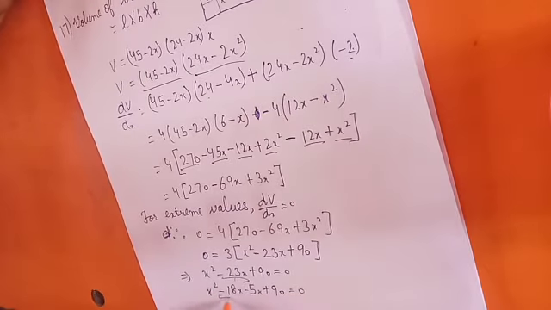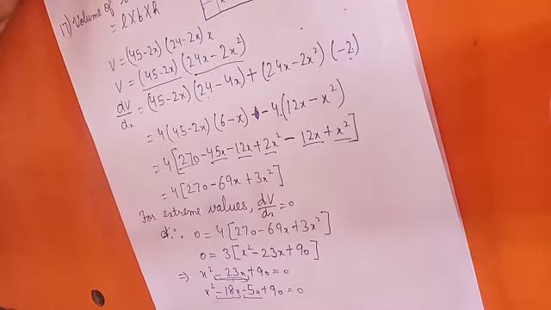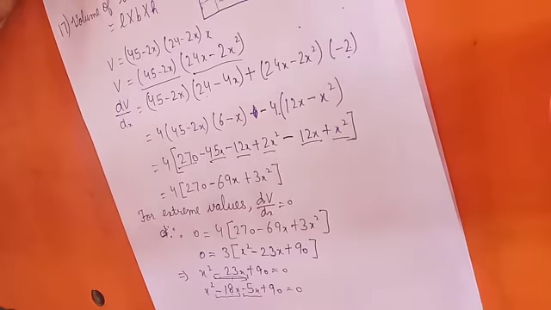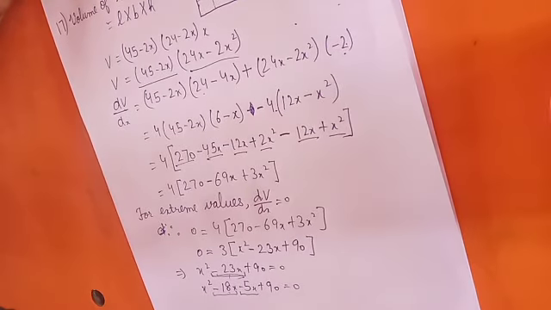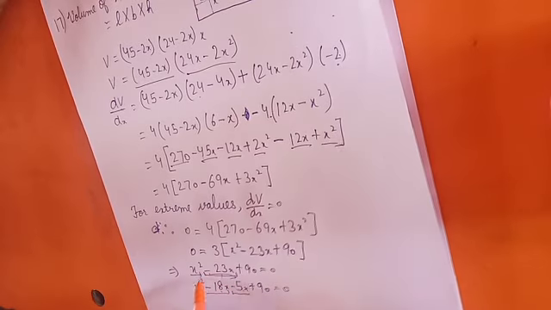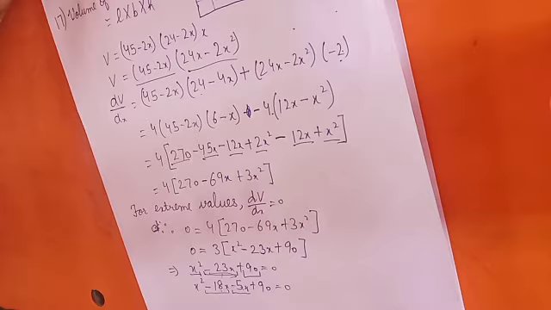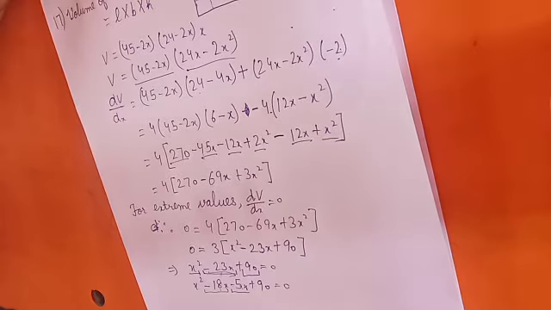Because if I add these, it gives 18 plus 5, which is 23x, and if I multiply them, I get the product of this and this, that is 90x square. 18 times 5 is 90, x into x square, minus minus plus. If it is the same, then our splitting is correct, otherwise wrong.